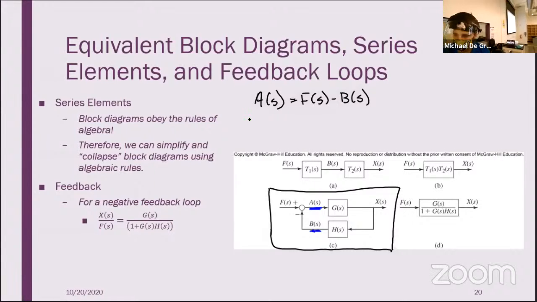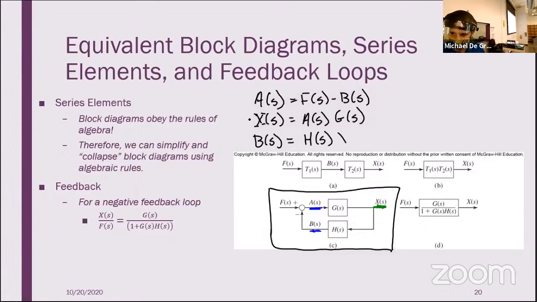I can also write an equation for X of S here. X of S is equal to A of S times G of S, because we've got A times G, and what comes out the other side is X. And finally, I can write an equation for B of S, which tells me that H of S times X of S gives B of S. So again, we're just running the loop, and we're splitting it at the output of each of our blocks.